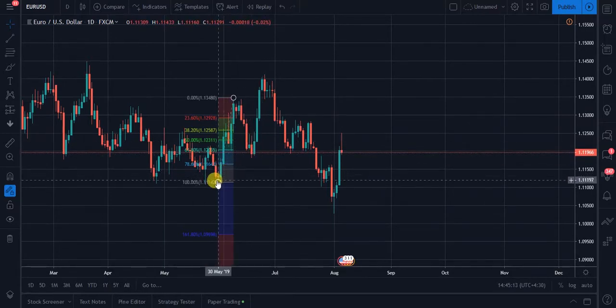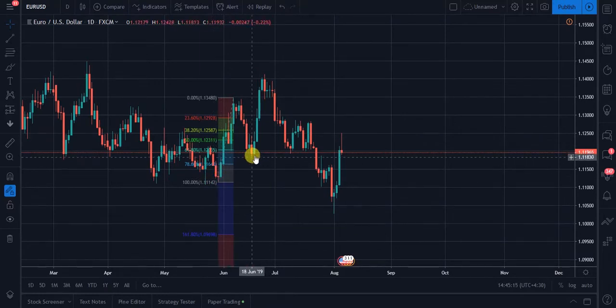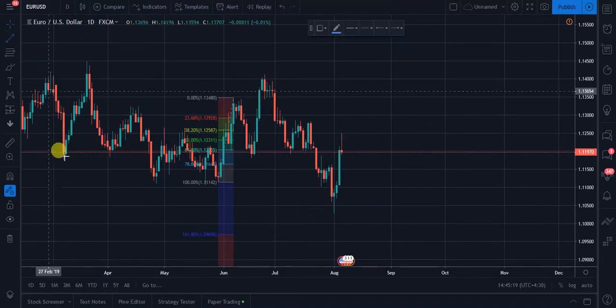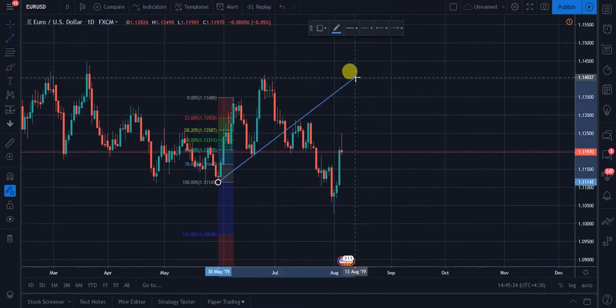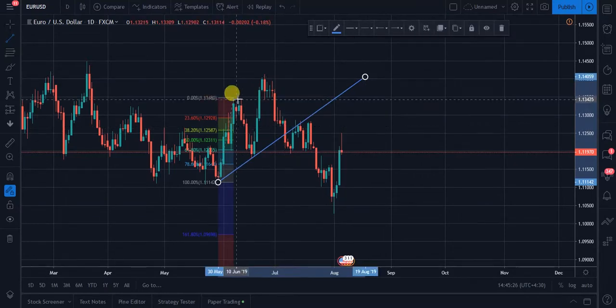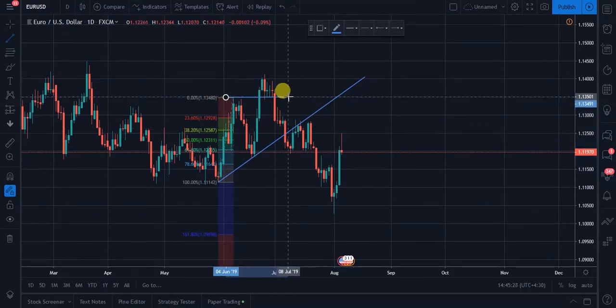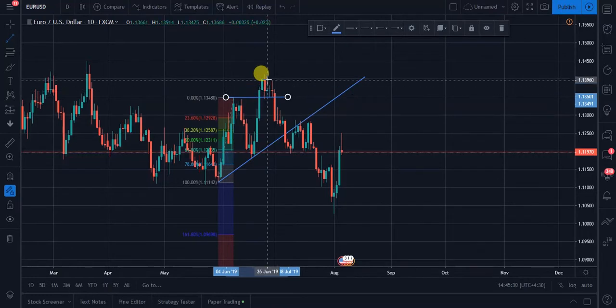For example, this is our last low. This is our new low. So we can also draw a trend line because our high is a breakout. So we go draw a trend line.